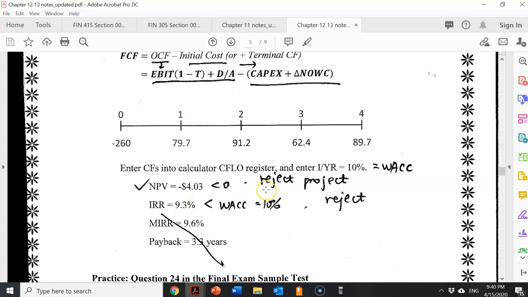And based on this, we should reject the project. If we calculate IRR, it's going to be 9.3%. It's smaller than WACC, which is 10%. So we should reject the project as well. So based on NPV or IRR for this project, we should always reject the project, no matter which measure we use.